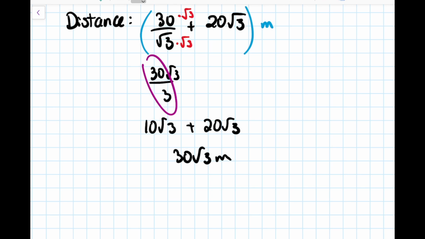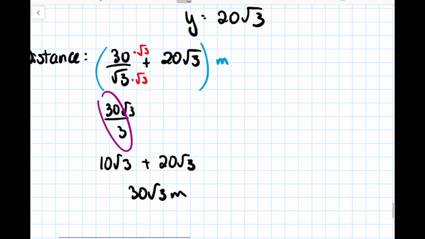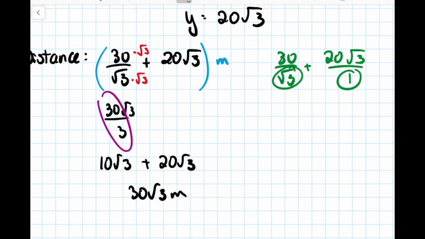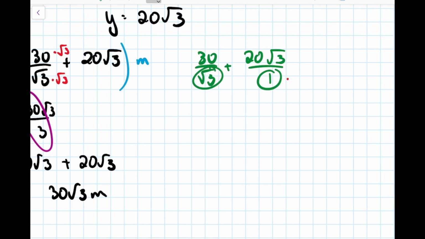You could also go a different route and do common denominators here. So this would be 30 over root 3 plus 20 root 3 over 1. And so your common denominator for these two things would be root 3. So you'd multiply the top and bottom of the one on the right by root 3. So not rationalizing, just doing basic fraction stuff. And so we'd get 30 over root 3 plus, well, these two roots would cancel out.